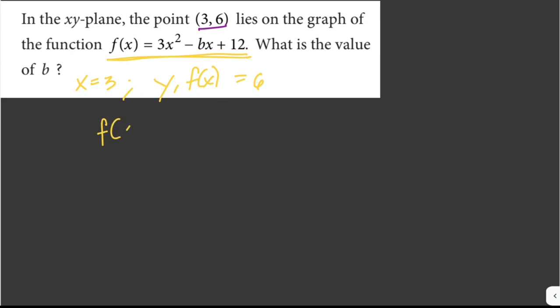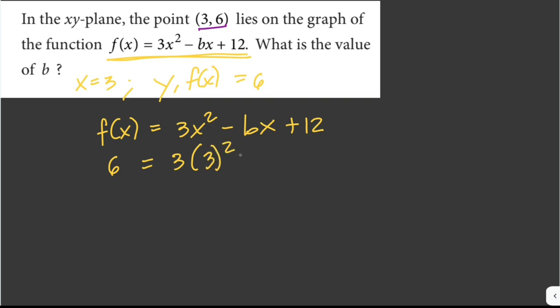So that would be f of x equals 3x squared minus bx plus 12. We plug in the value of f of x, which is 6, and also the value of x, which is equal to 3, minus b times 3 plus 12.